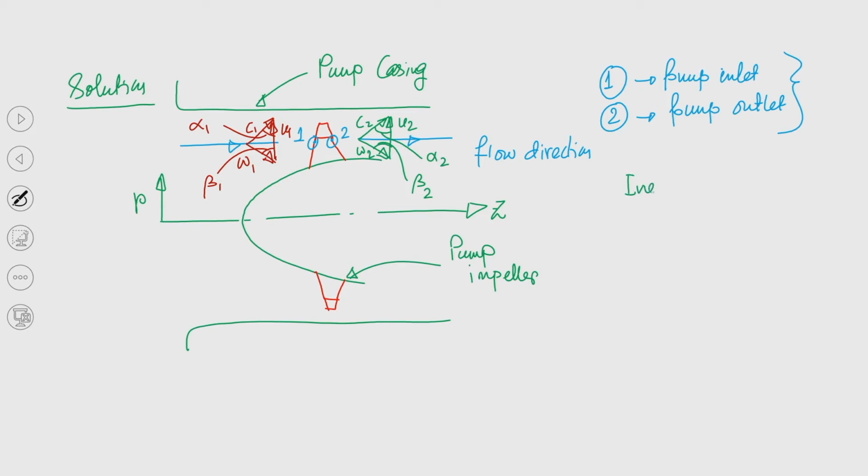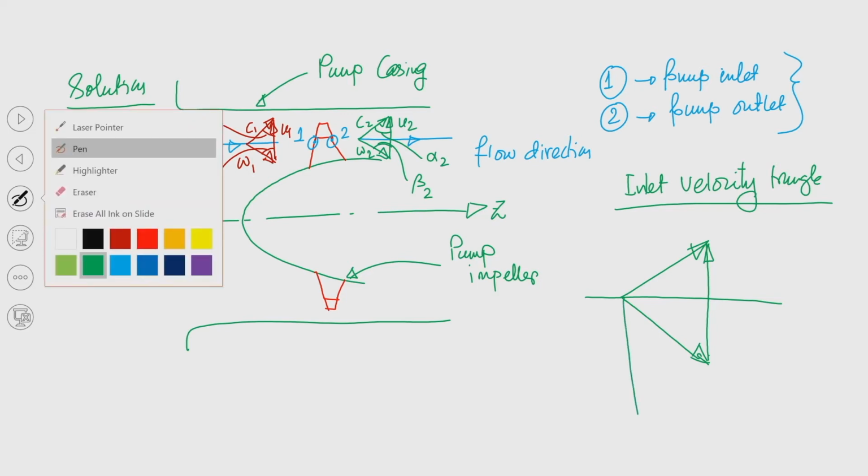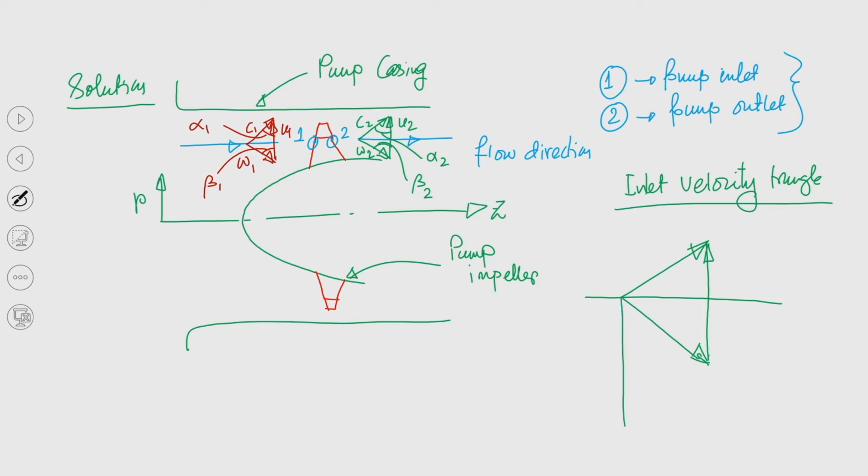So, the inlet velocity triangle. This is the absolute velocity.